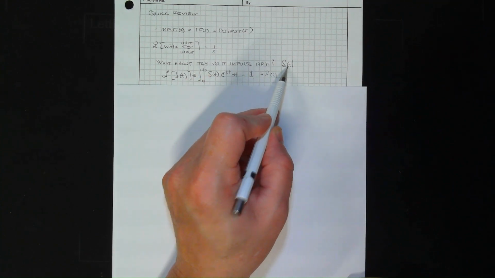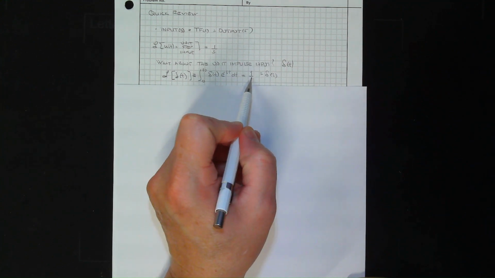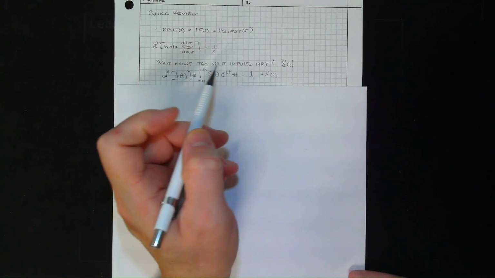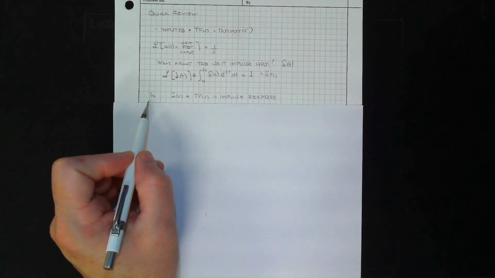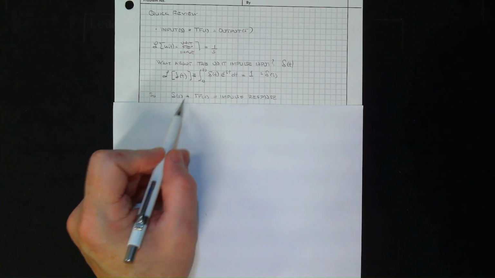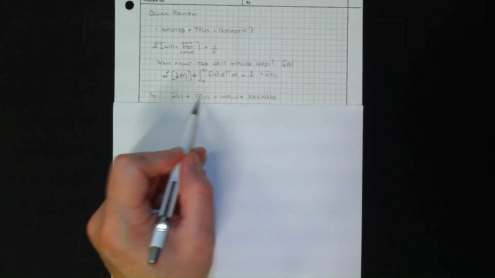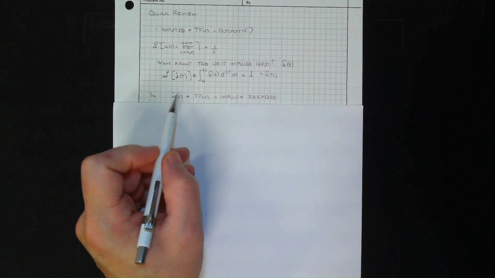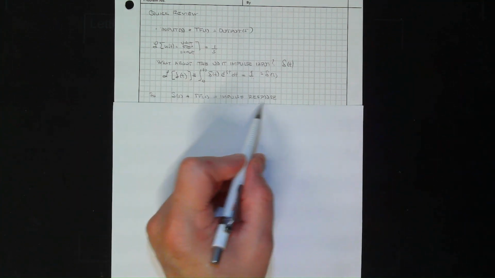Here's an impulse in time. So we have delta of s equals 1. And you're going, okay, why? Well, because of this. This is the Laplace transform of a unit impulse times a transfer function, and that's just the transfer function. In general, if I have an impulse times a transfer function, it gives me the impulse response.